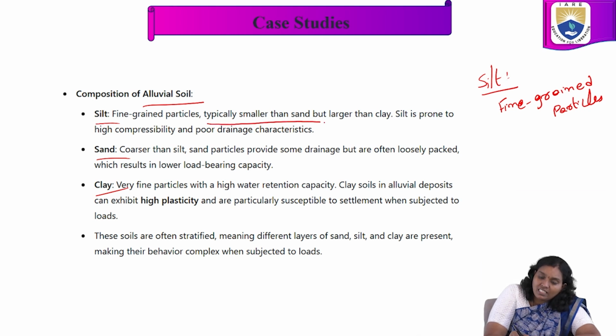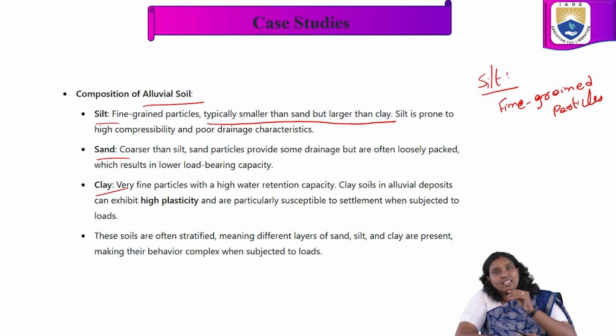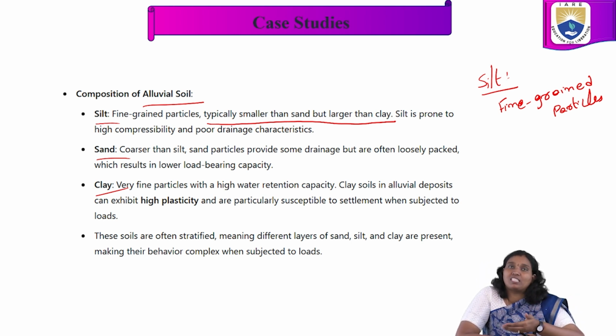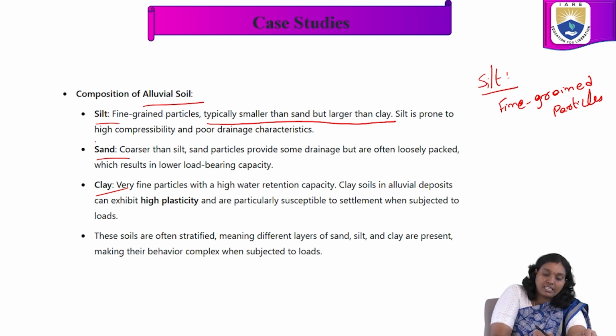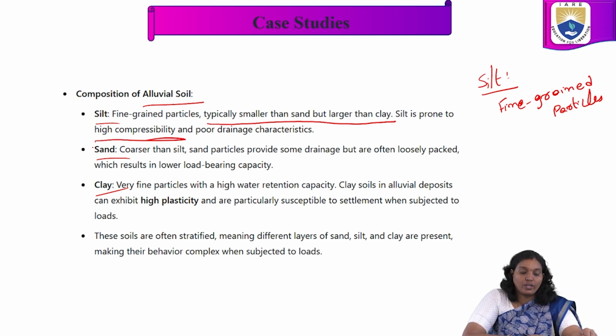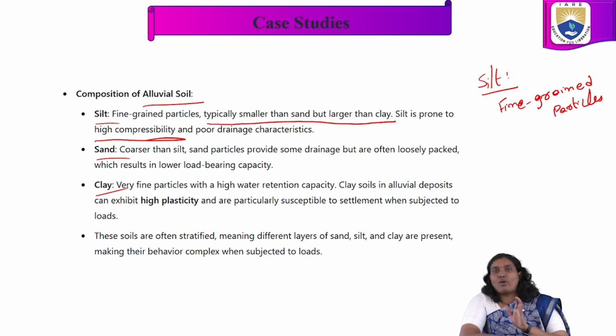So silt means fine grained particles, smaller than the sand but larger than the clay. Silt is prone to high compressibility. Now we are understanding those properties of the soil from a theoretical point of view.